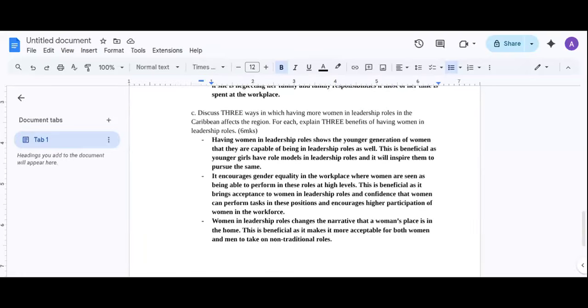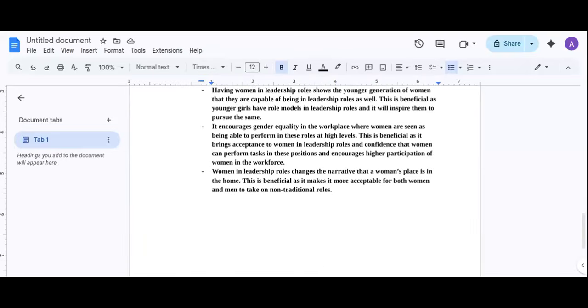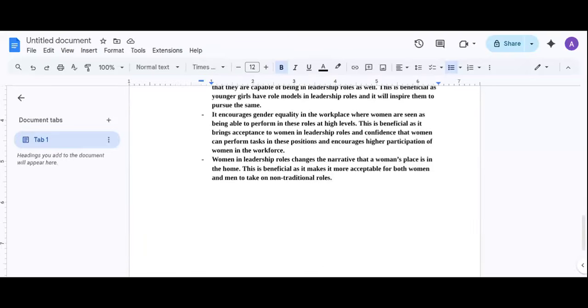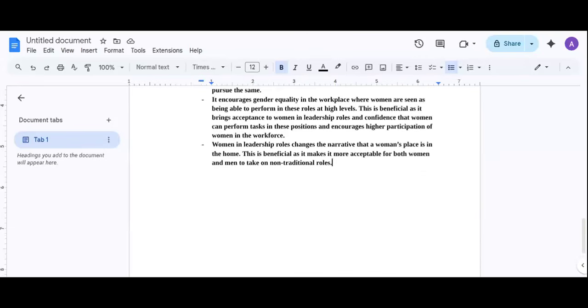Then the second way, it encourages gender equality in the workplace where women are seen as being able to perform in these roles at high levels. This is beneficial as it brings acceptance to women in leadership roles and confidence that women can perform tasks in these positions and encourages higher participation of women in the workforce.